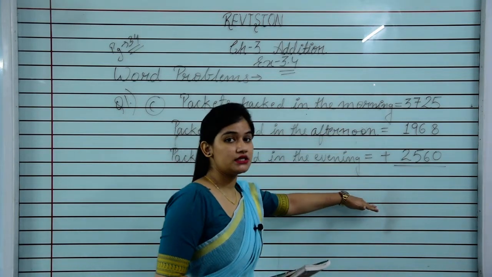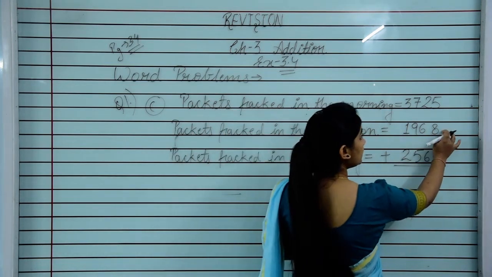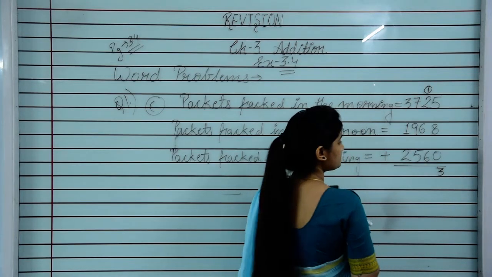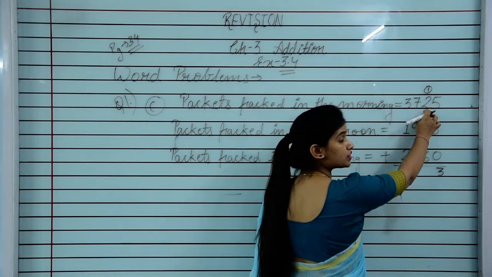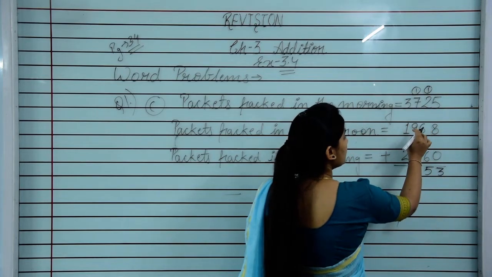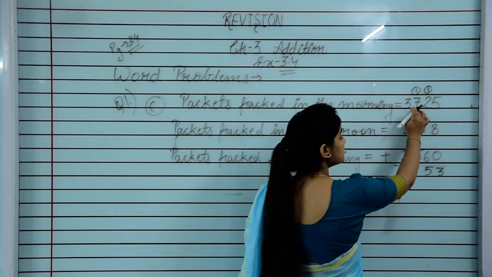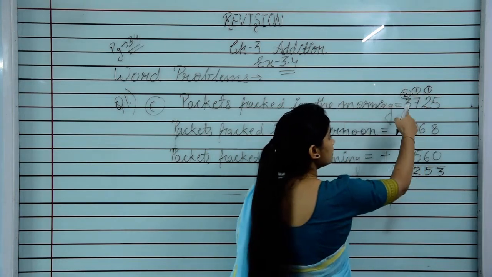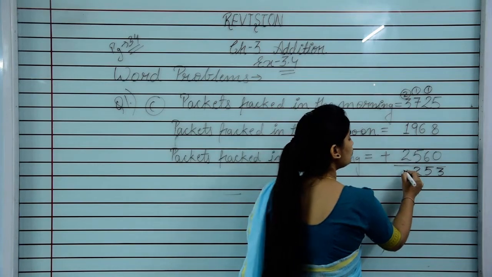Now we are finding the sum of these three numbers. So students, look here, 8 plus 5, 13, carry over 1, 6 plus 6, 12, plus 2, 14, plus 1, 15, 5, carry over 1, 9 plus 1, 10, plus 7, 17, and 17 plus 5, 22, carry over 2, 3 plus 2, 5, plus 1, 6, plus 2, 8.